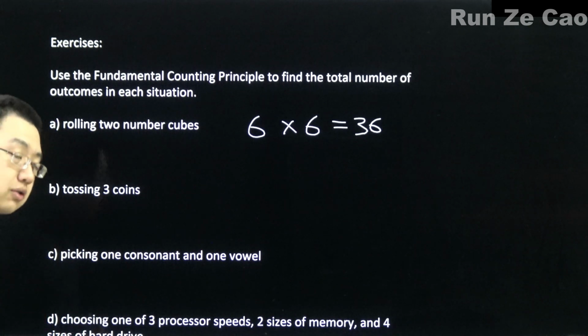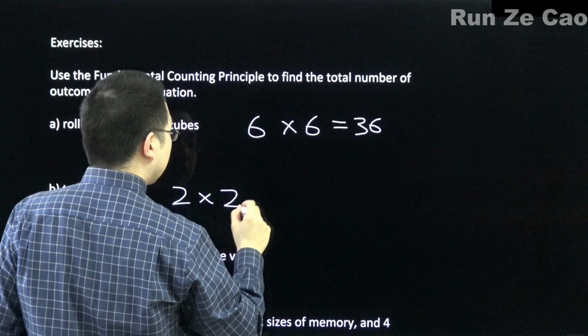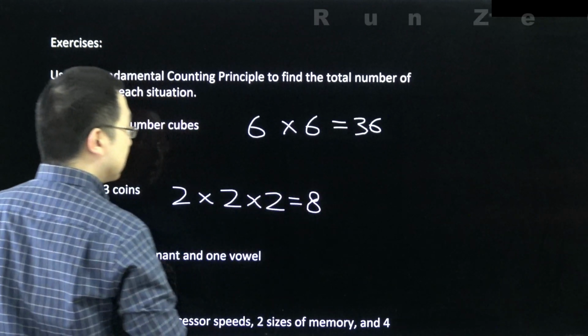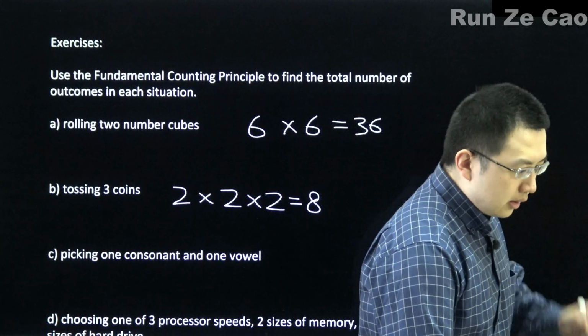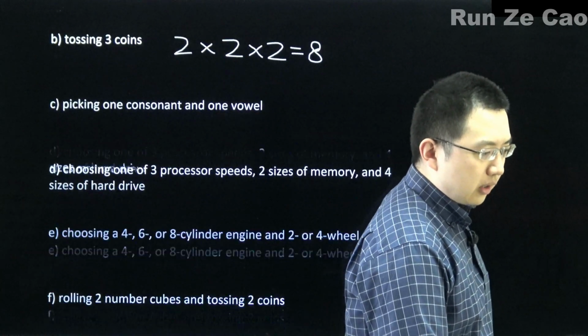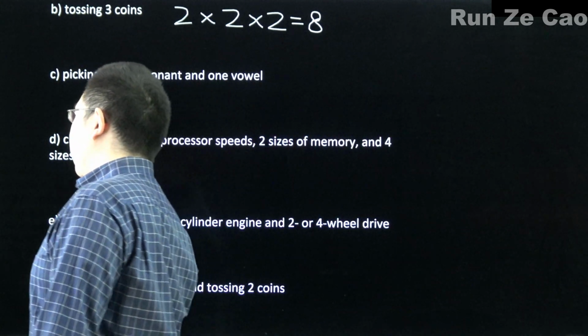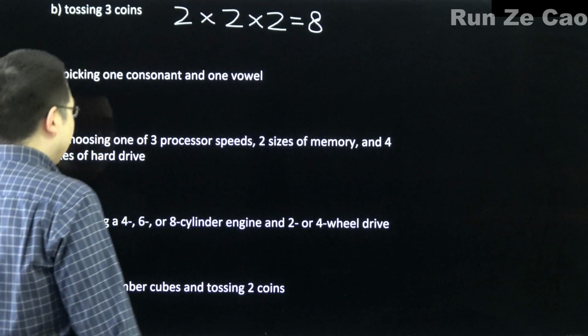Tossing 3 coins, you can have 2 outcomes for your first coin, times 2 outcomes for your second coin, times 2 outcomes for your third coin, and that's 8 total outcomes. Suppose we're picking 1 consonant and 1 vowel. We're going by the A-E-I-O-U convention, even though we know that Y is sometimes a vowel.